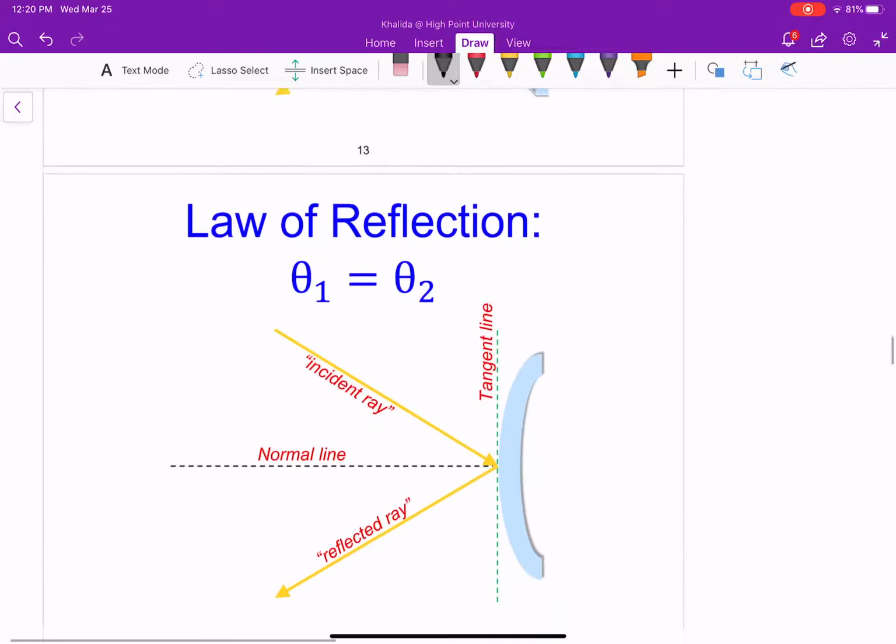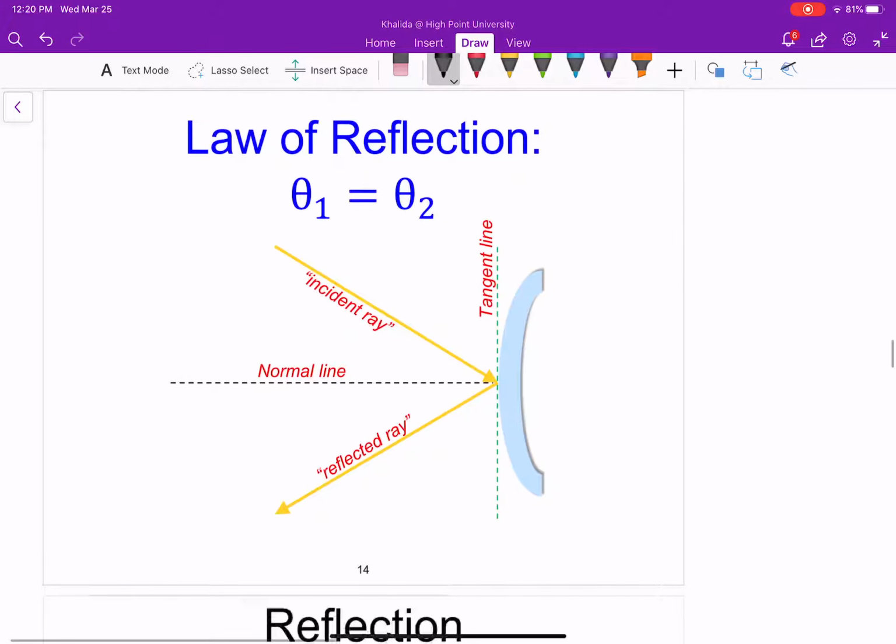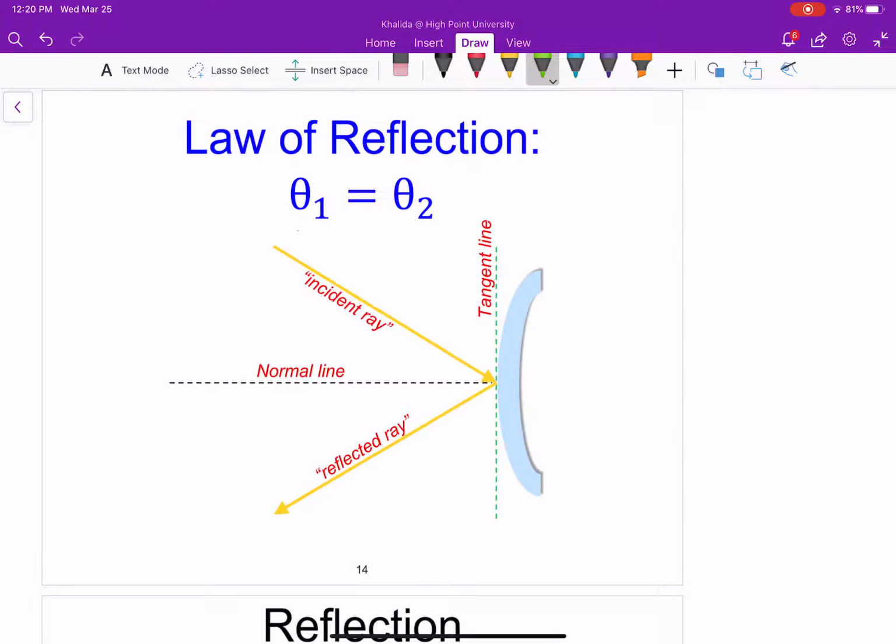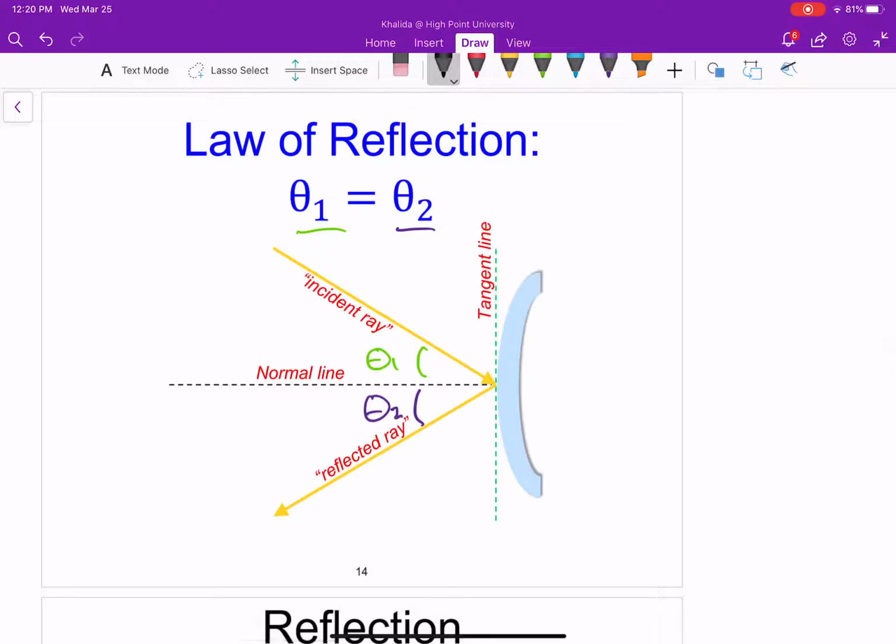Okay, so what if the surface that it's reflecting off of is not flat? Well, it can still bounce off of a curved surface as well. And the law of reflection still applies, and the law of reflection doesn't change. Theta 1 still equals theta 2. And they are still measured from this normal line here.